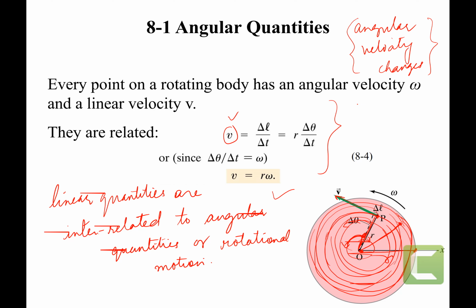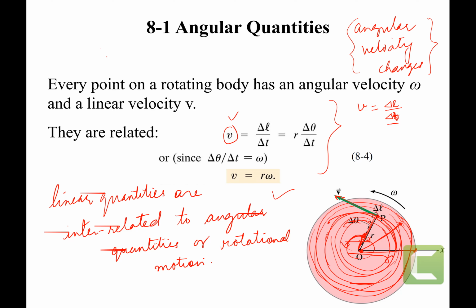We know that linear velocity is given by length over time, that is change in distance over time. For this case, our change in distance is the change in length of the arc. So if initially we moved from here to here, then after some time it's over here. There's a change in the length of the arc obtained in a certain change in time, delta t.